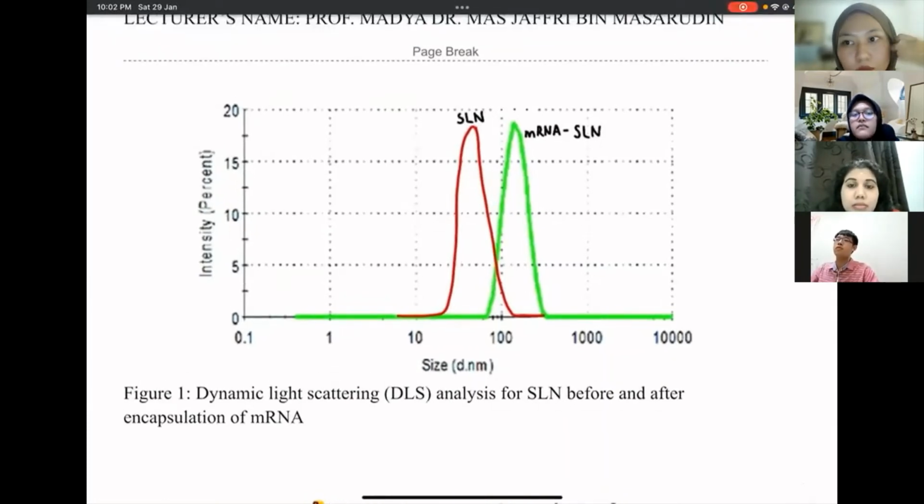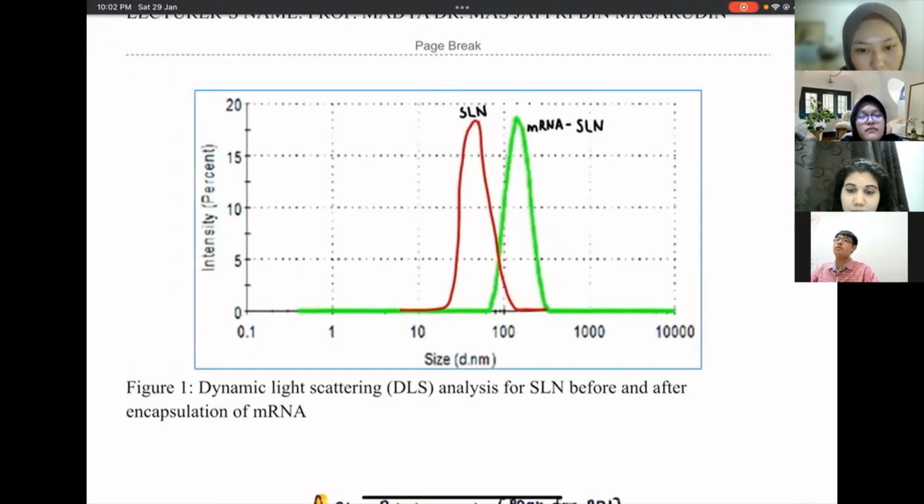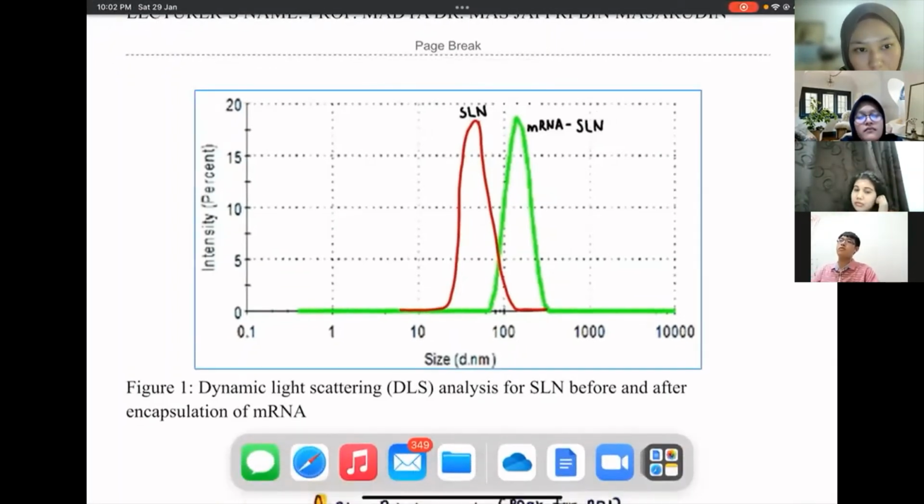We can see in the graph that blank SLN has a smaller size than the mRNA-encapsulated SLN, where the highest intensity peak, as I predicted, is around 200 nanometers. I think that's all that we can get from the LS.